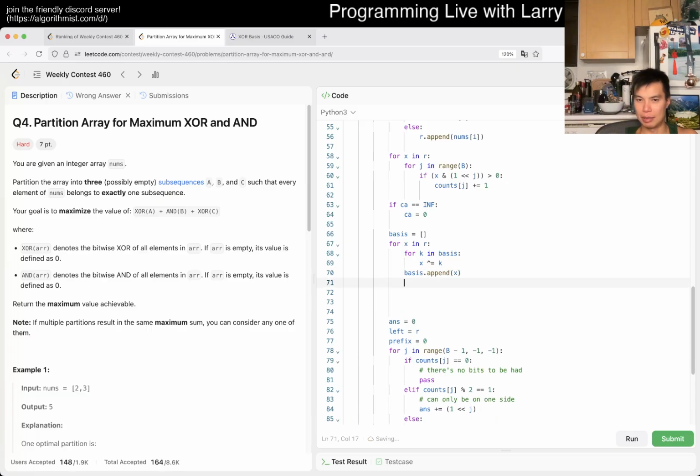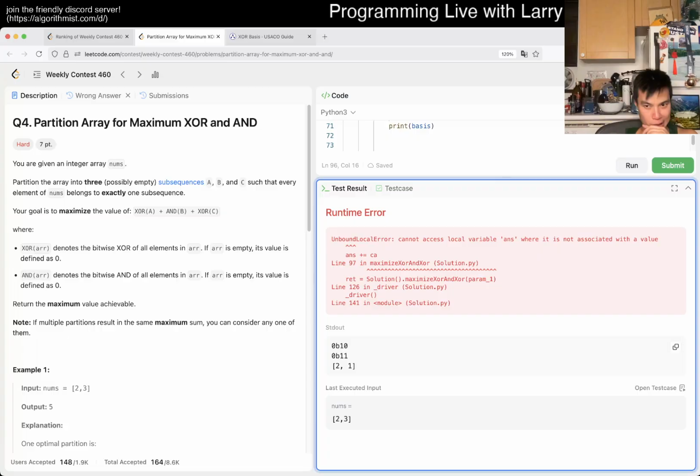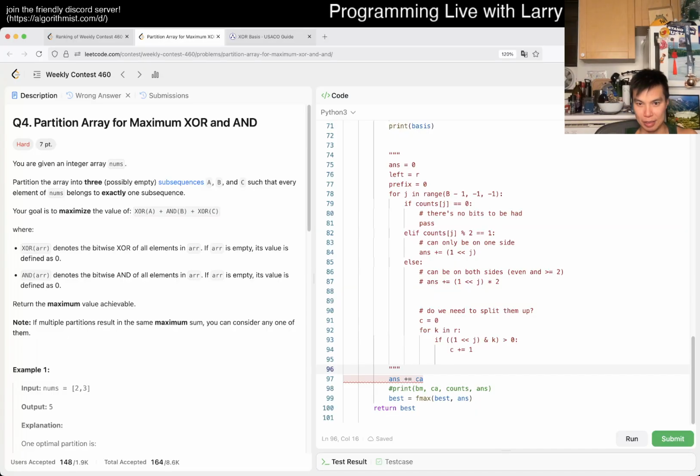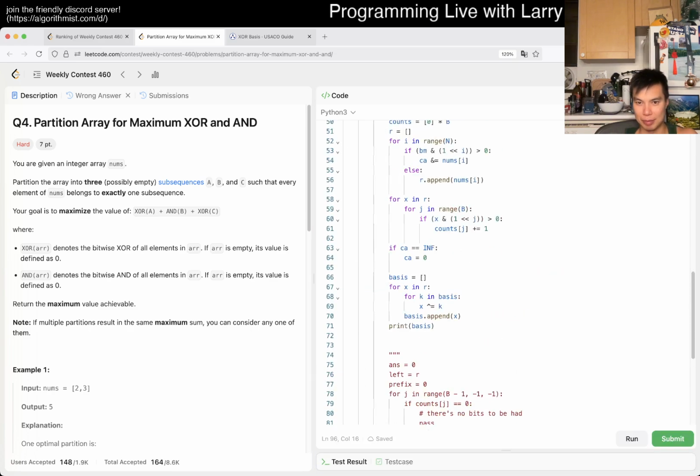So now what? Honestly, I have no idea. So let's see, what does that look like? Yeah, okay, fine. That's fair. I just want to print out the basis stuff, let's say on the binary version.